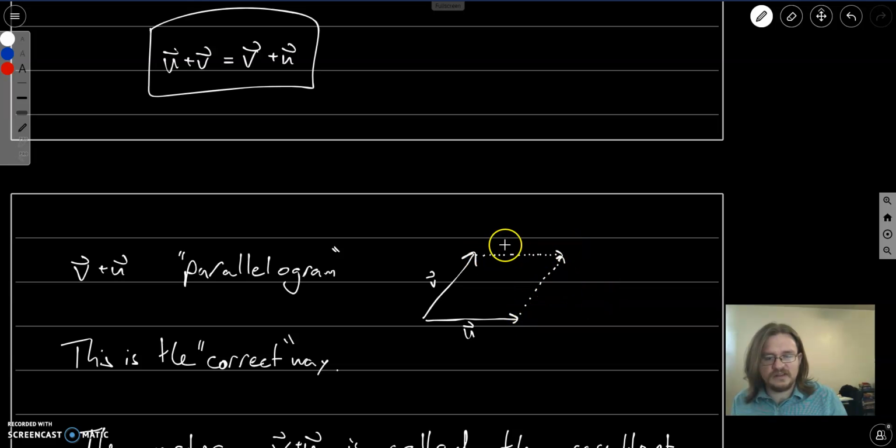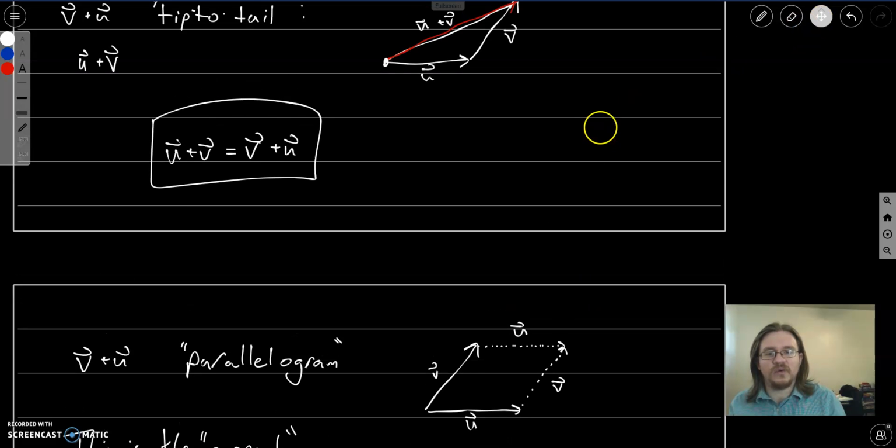So this up here is just another copy of u. It's pointing in the same direction, it has the same length, so we know that those vectors are equal. They just happen to be in different places. Over here, we have the vector v pointing up. And again, this is the same vector, they have the same length and the same direction. They just happen to be in different places.